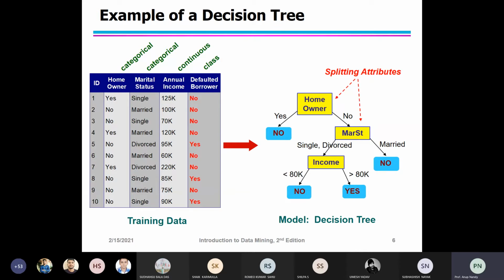And the non-terminal nodes, which include the root node and other internal nodes, contain an attribute test condition. That is very important, because every time in the internal node or the root node, you will have to split the attributes. So that's why you need to have an attribute test condition.